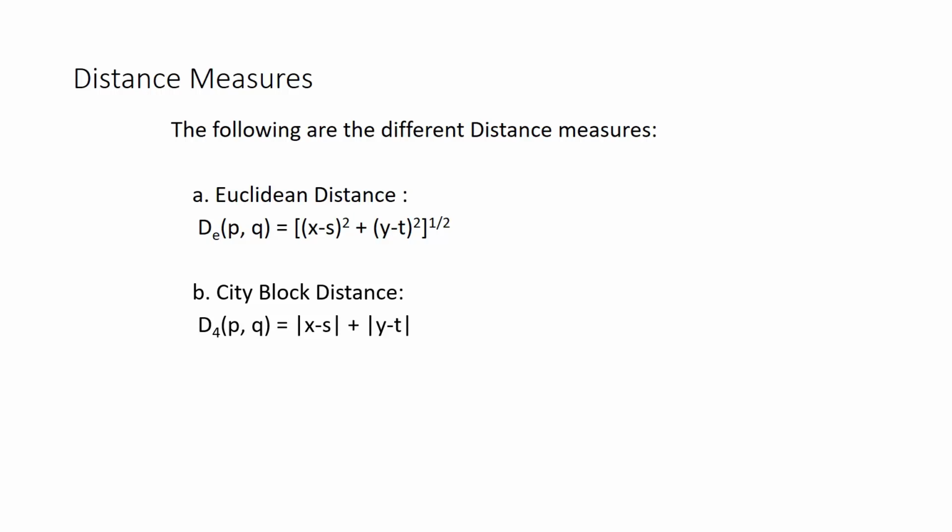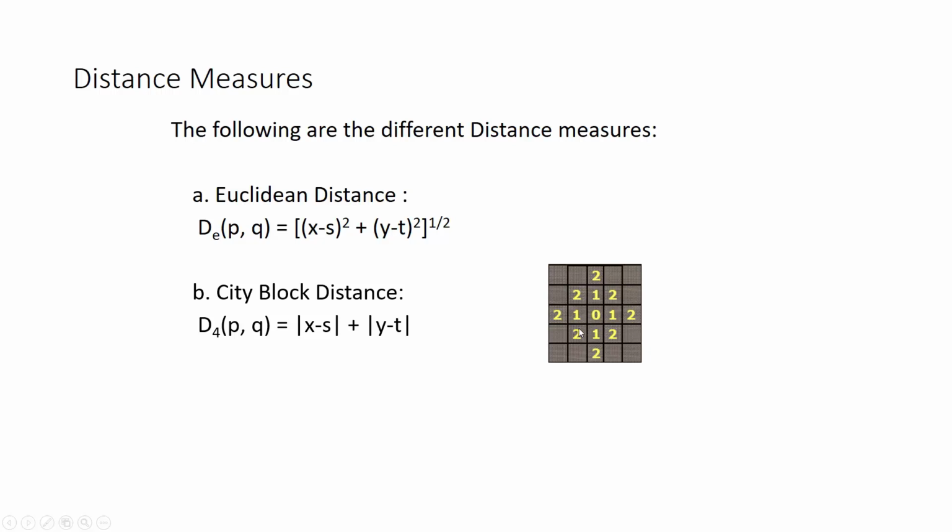Now next one is city block distance. It is also known as Manhattan distance, where D of P, Q is equal to mod of x minus s plus mod of y minus t. Points having a city block distance from P less than or equal to R form a diamond centered at P. So from here to here it satisfies unit distance.